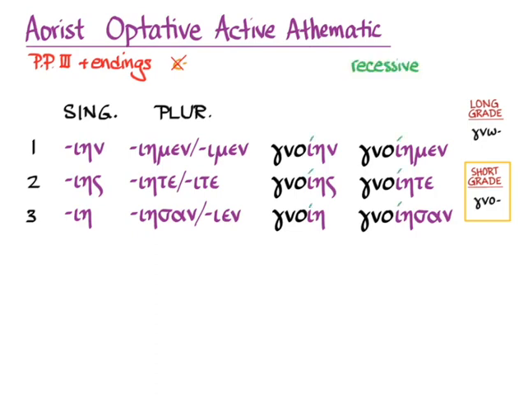And so we're going to add the recessive accent and get gnoien, gnoies, gnoie, gnoiemen, gnoiete, gnoiesan. Now we also have alternative endings for the plural, where we add them to the short grade and keep the accent only as far back as the iota. And so what we get is gnoimen, gnoite, gnoien. So that's an alternative for the aorist optative active of gignosco.